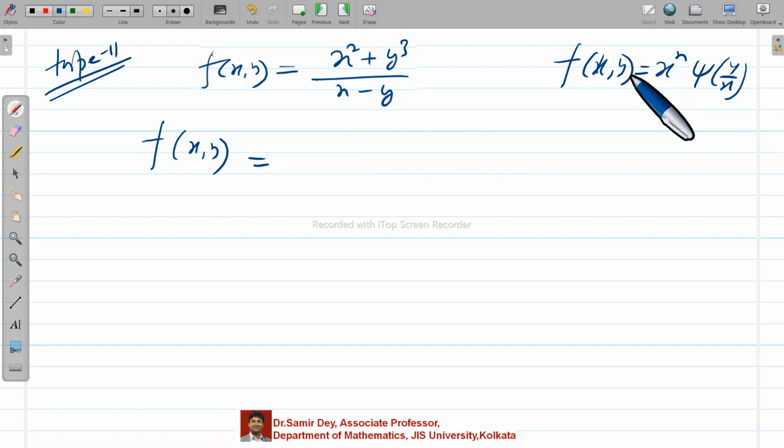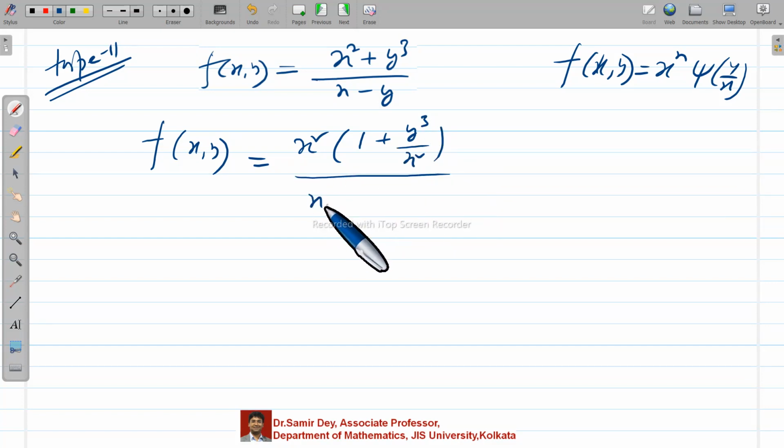So if you want to use this formula, you need to take the highest power of x term common. So here in the numerator you have only one term, you need to take common x square, so it is coming 1 plus y cube by x square, and here x common, 1 minus y by x.